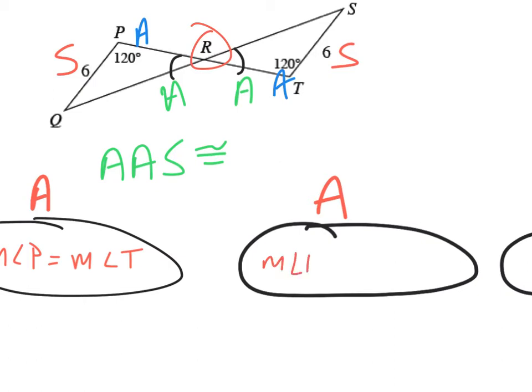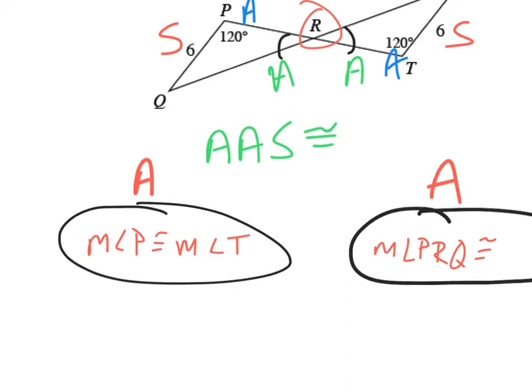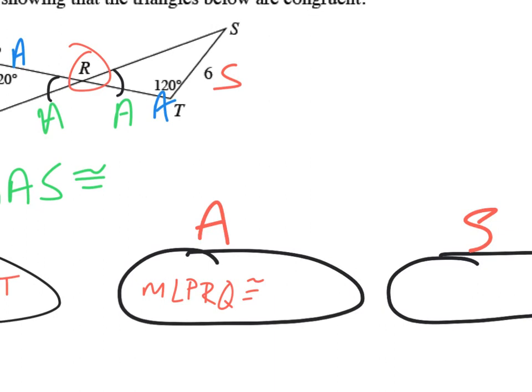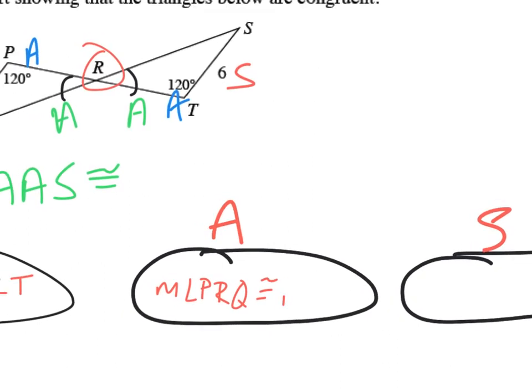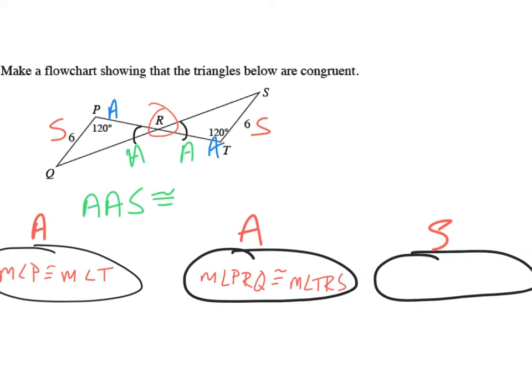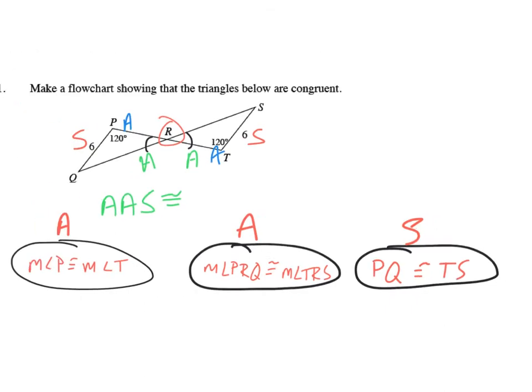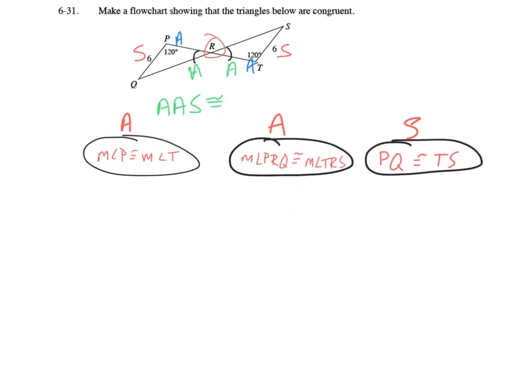I'm going to say measure of angle PRQ is congruent to the measure of angle TRS. And then the set of sides that we know are equal, I would say that PQ is congruent to side length TS. And these are the 3 sets of information that I've identified that are equal to one another.